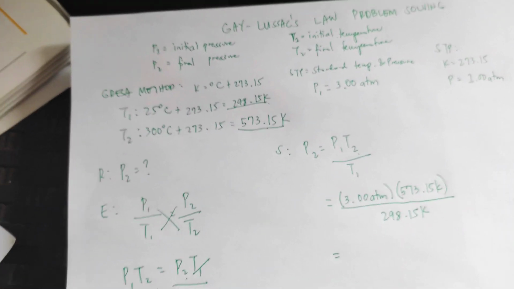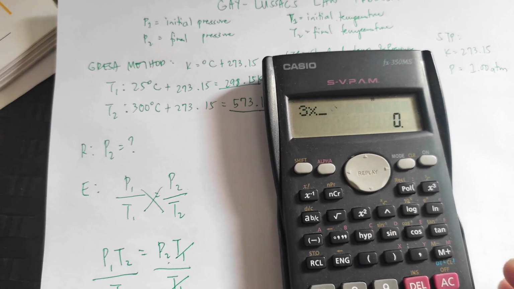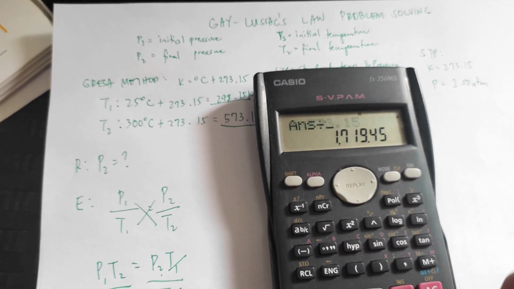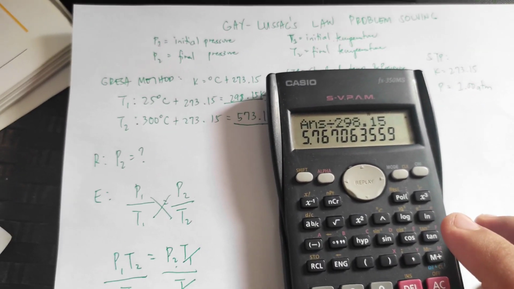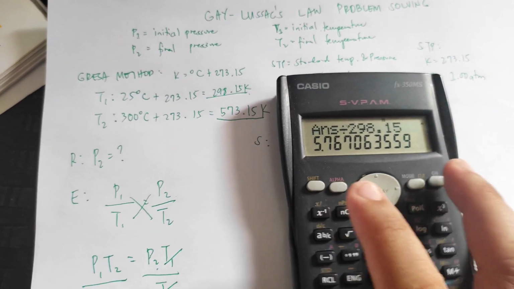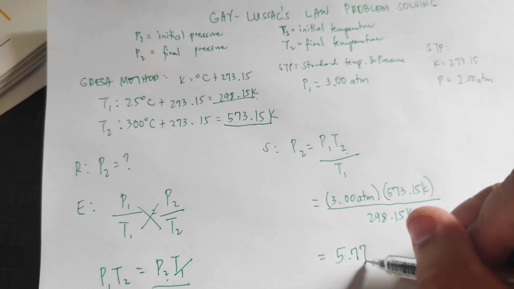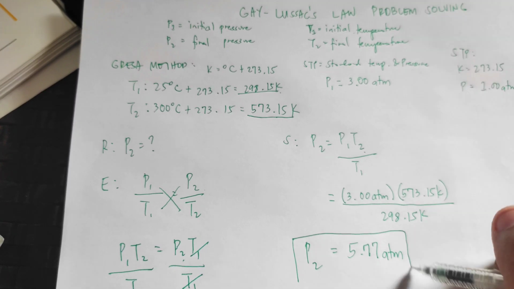Let us compute using the calculator: 3 times 573.15 divided by 298.15 equals 5.76, or 5.77 atmospheres. And what is our unit? Atmosphere, for the final pressure.